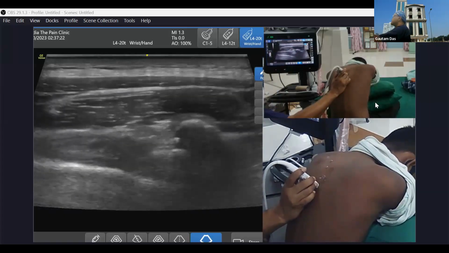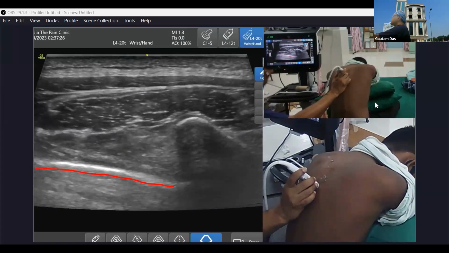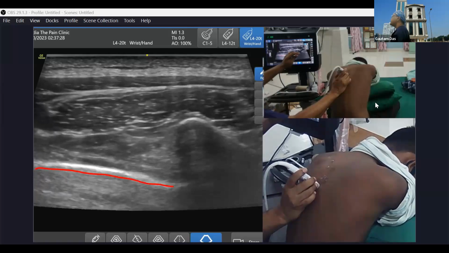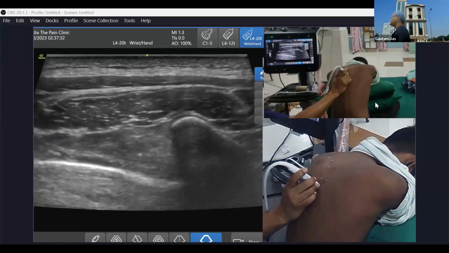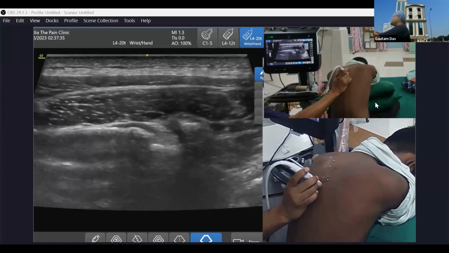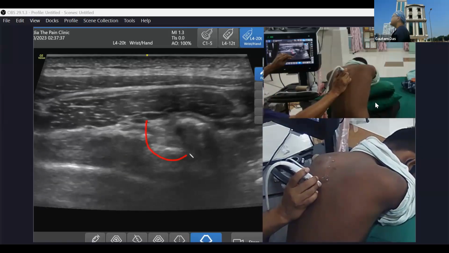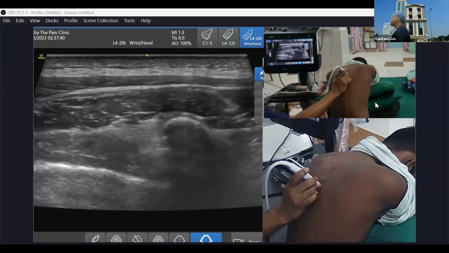this is your pleura, as I was telling, very hyperechoic is your pleura, not rib. If I am going a little above, now pleura comes. If I am coming down, then rib comes. This is a rib. And this is your costotransverse joint. If I am coming down, then it is glistening and moving, that is your pleura.